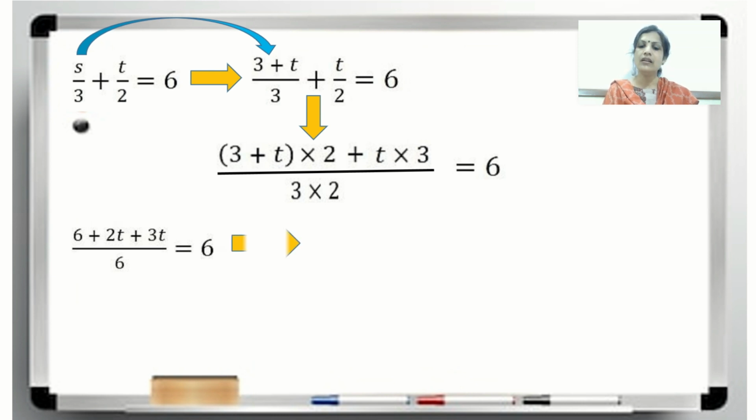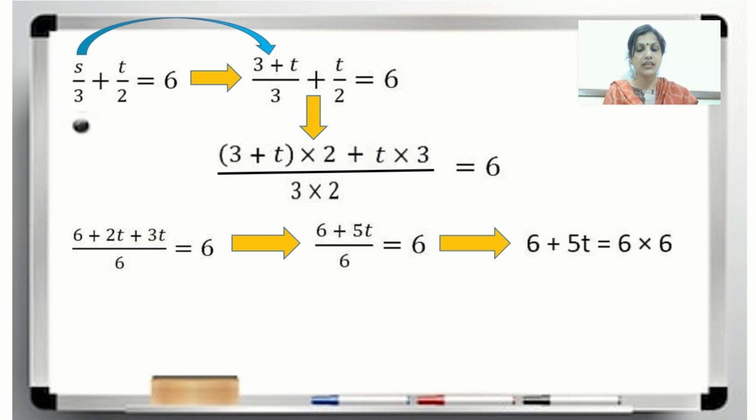Solving again, we have 6 plus 5t upon 6 is equal to 6. Shift this 6 to the right hand side. So we get 6 plus 5t is equal to 6 into 6. Simplifying, 6 plus 5t is equal to 36. So 5t is equal to 30 and therefore t is equal to 6.